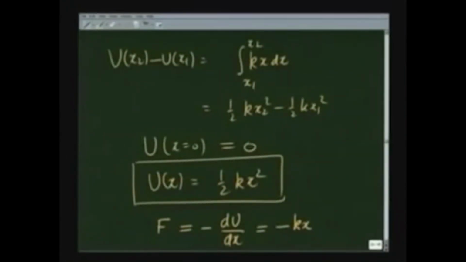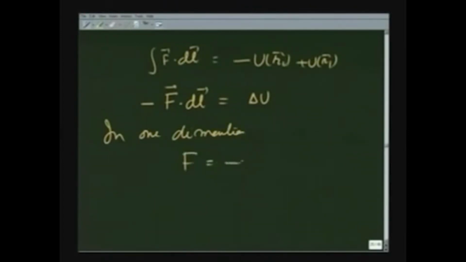Let me elaborate a bit on that, because I did it in 3 dimensions. We had F dot dl is equal to minus U(r2) plus U(r1), and therefore, for a short distance I had F dot dl with a minus sign is equal to delta U, and in 1D that will give me F equals minus dU/dx.